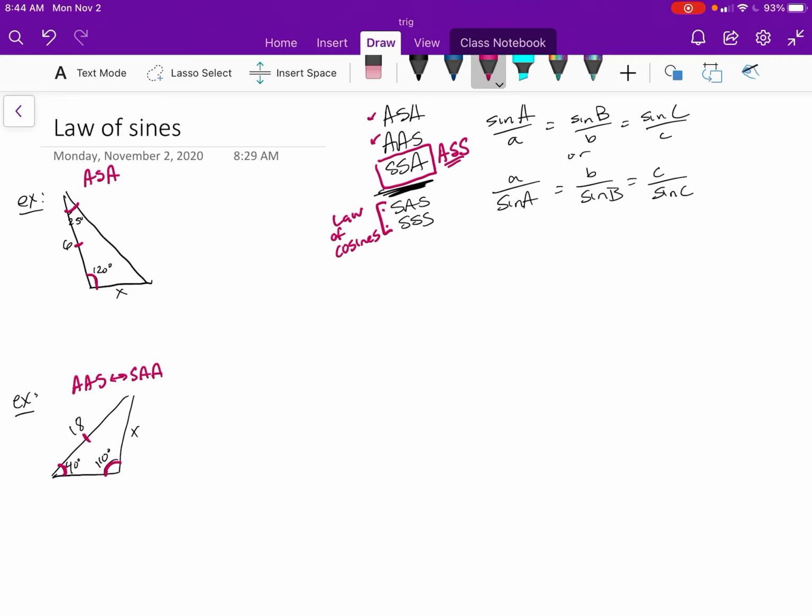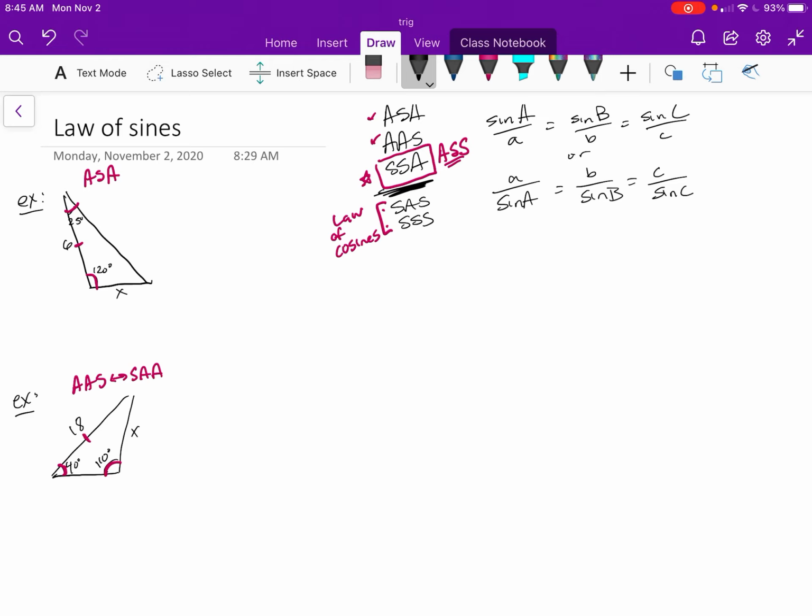Now, law of sines, it could not work. So I'm going to do this one on a separate video. There are special cases of the ASS information given, and we'll have to look at that separately. It's worth exploring a few different cases.